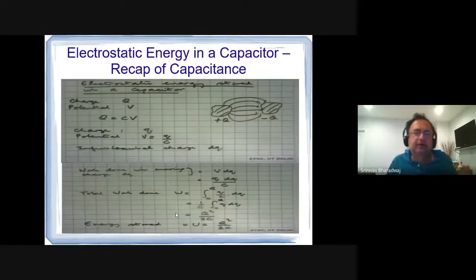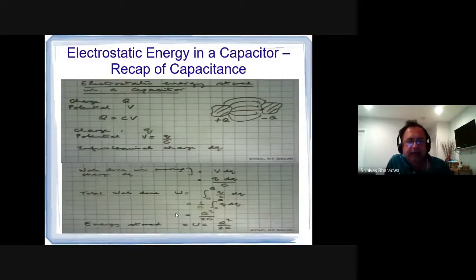So remember to use these considerations and go about solving a problem. So what is the work done in the context of a capacitor, or the charge energy? Basically, capacitors store energy.